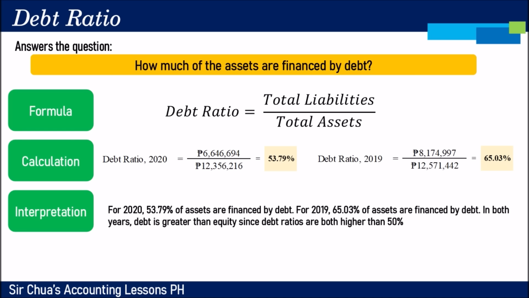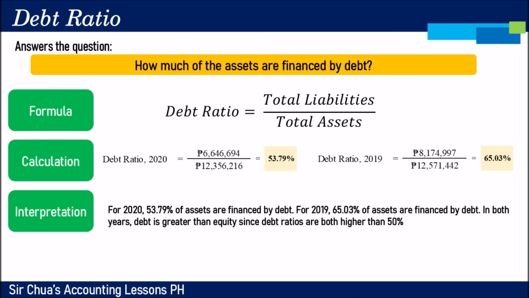Kasi kung equal distribution ng ating liabilities and capital, so kung ang assets natin ay 100%, 50-50 ang distribution. Eh kung makikita nyo mabuti, both for 2020 and 2019, higher than 50% yung ating debt ratio. So basically, parang ang dating, yung equity ratio natin, mas mababa naman sa 50%. Kasi mas malaki si debt eh.